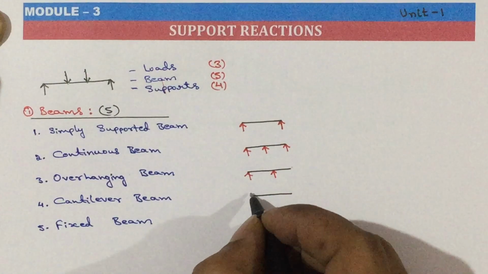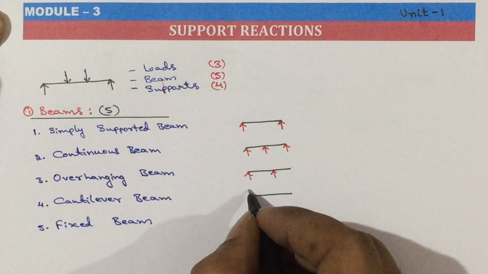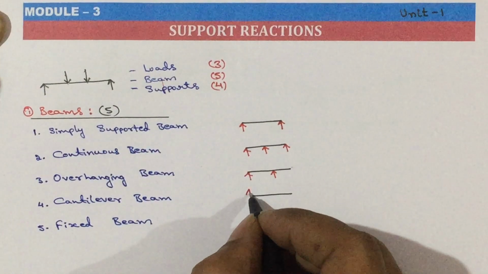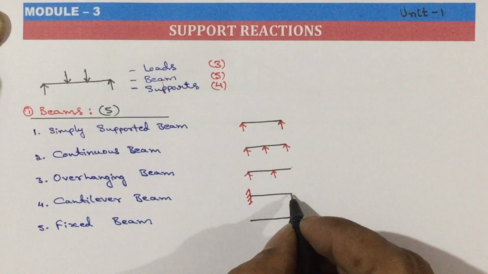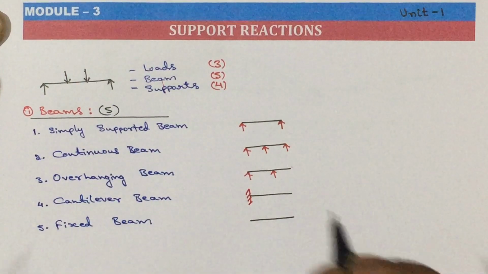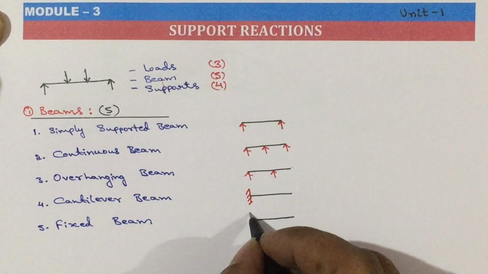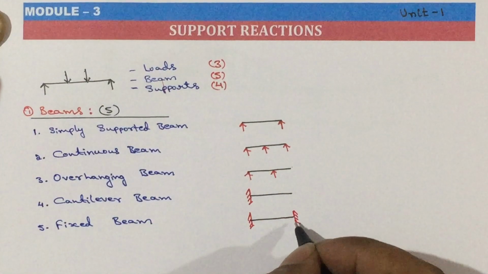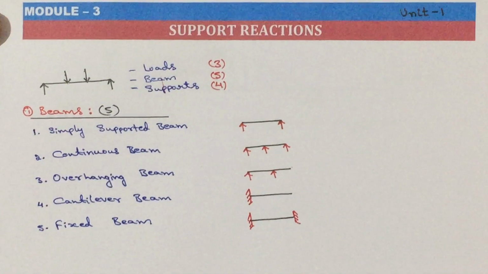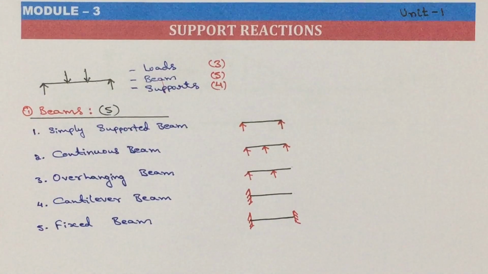Then cantilever: if a beam is provided with fixed support at one end and free at the other end, we call that a cantilever beam. Then in a beam, if both ends are provided with fixed support, we call that a fixed beam. This is regarding the beam classification.